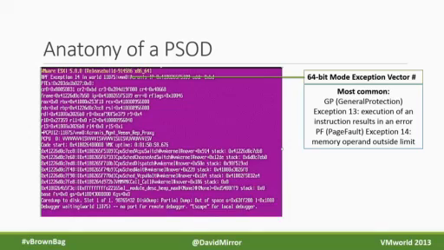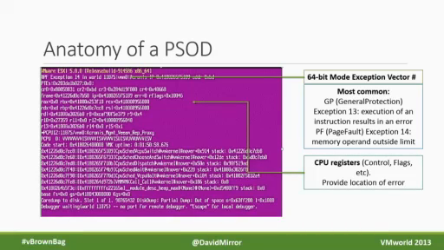The GP, or General Protection Exception, is raised by the CPU when it finds an unrecoverable error while trying to write a result to the memory. The PF exception 14 is raised by the CPU when it finds that a bit reservation is violated or when a memory operand is outside limit. As a general rule, a general protection exception will be triggered if a page fault occurs more than once.